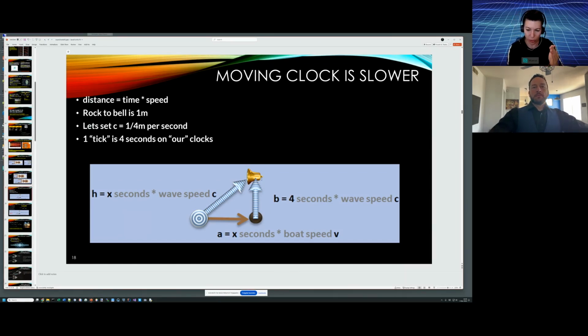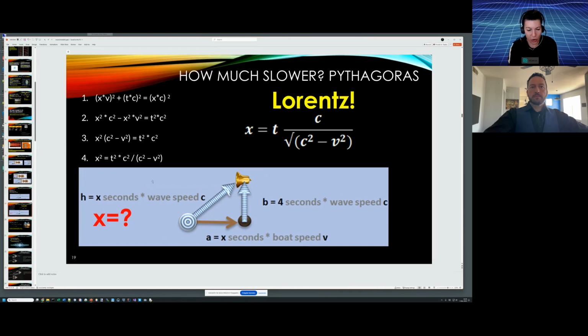We have 4 seconds times the wave speed c, while at that time the boat moves at velocity v, and so we have the triangle, and guess what? You get the Lorentz factor out of this. If you just do the very simple math, the triangle x v squared plus this square equals the hypotenuse squared, you get the Lorentz factor. That's all it is.